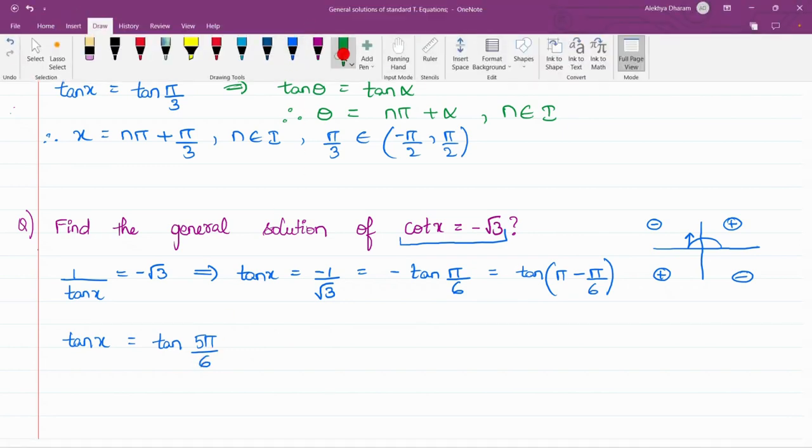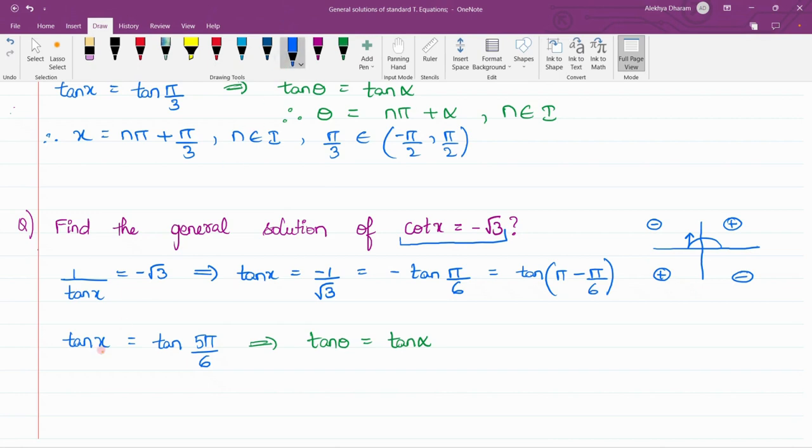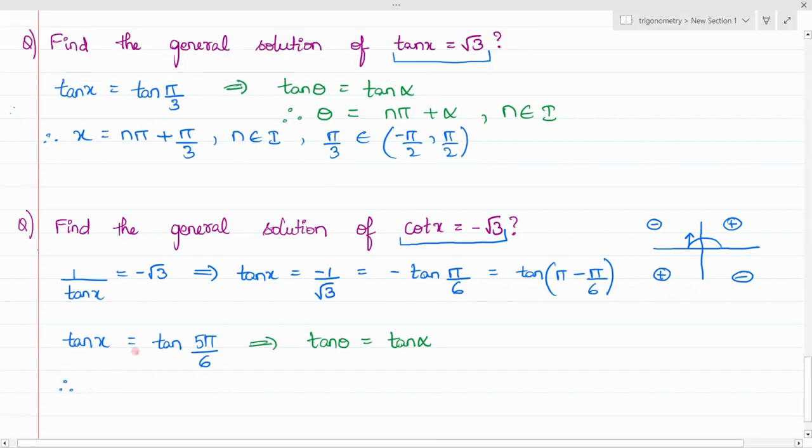Now this is in the form of tan theta is equal to tan alpha, and we can write the general solution of theta. Here it's x, it becomes n pi plus 5 pi by 6, and n belongs to I, and this 5 pi by 6 also lies in the range, that is open minus pi by 2 to pi by 2.